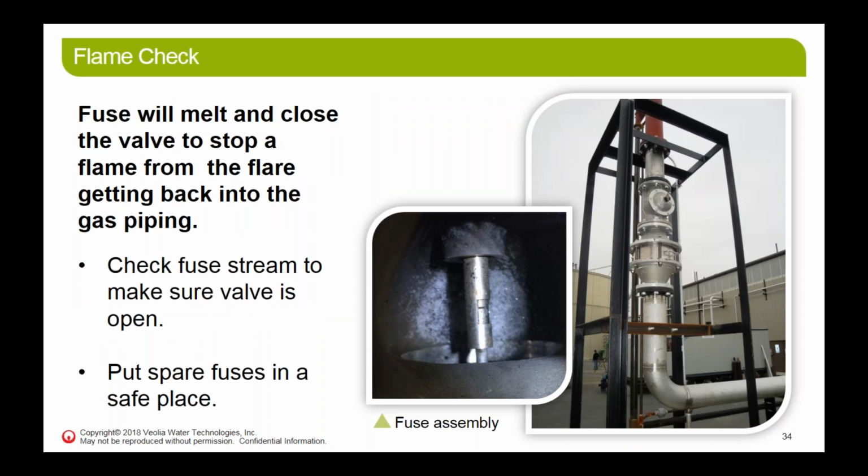In the systems that we use, the line going into the flare also has a flame check valve in it. And the flame check valve has a meltable fuse in it. So if it's a windy day and the wind tries to push the flame back down the gas line, this fuse will melt and a spring action will actually close this valve.